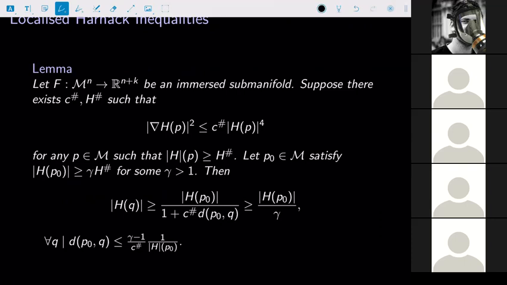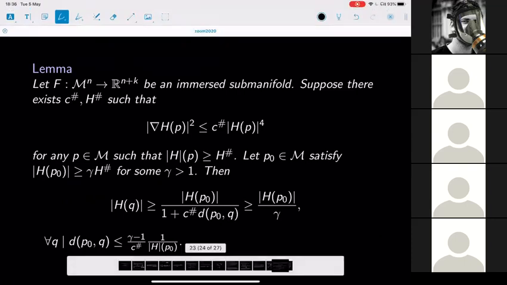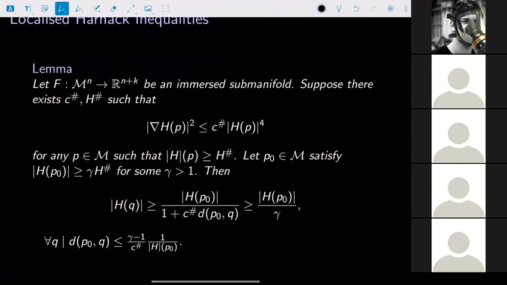If you do that, you can show that there exist constants C hash and H hash, such that if the mean curvature is sufficiently large, with H at P0 larger than gamma H hash for some gamma larger than 1, you can compare the size of the mean curvature at different points. This is the main advantage of having pointwise gradient estimates.